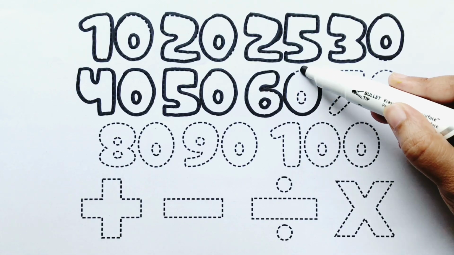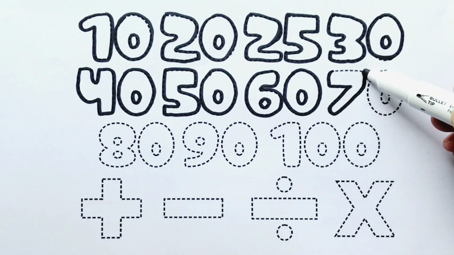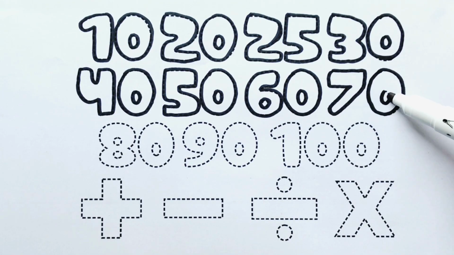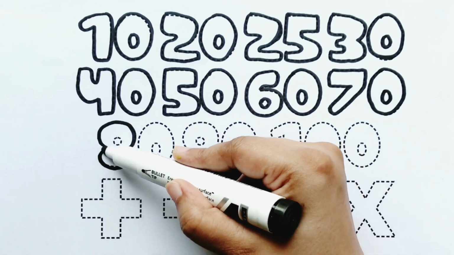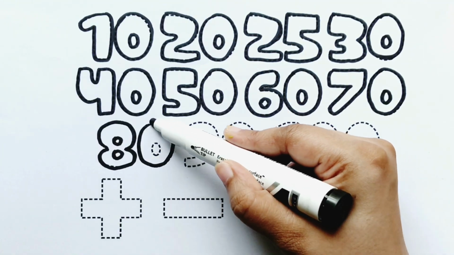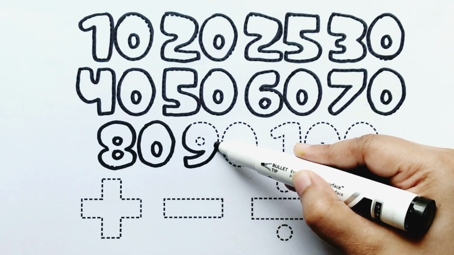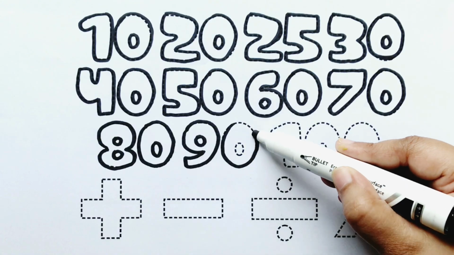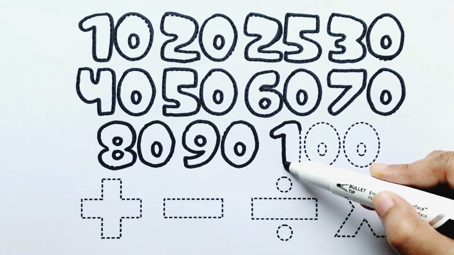A, B, C, D, E, F, G, H, I, J, K, L, M, N, Number 70. Q, R, S, T, U, V, W, X, 80. and Z. Now I know my ABCs. Next time won't you sing with me? A, B, C, D, Number 90. G, H, I, J, K, L, M, N, O, P, Q, R, S, T, U, V, W, And 100.